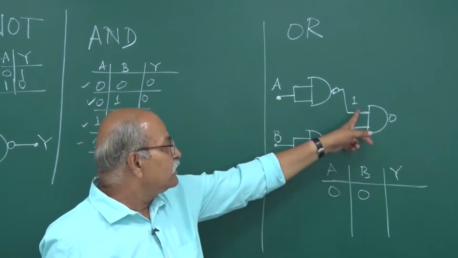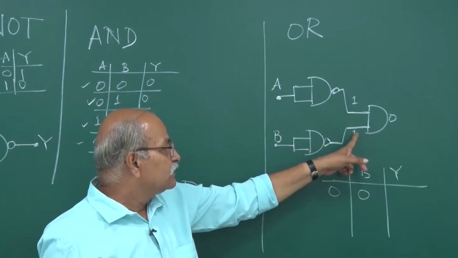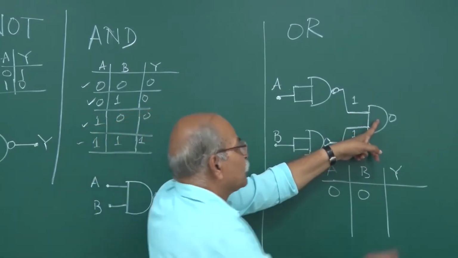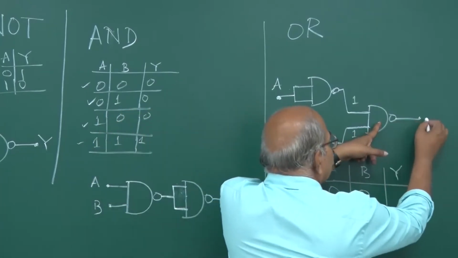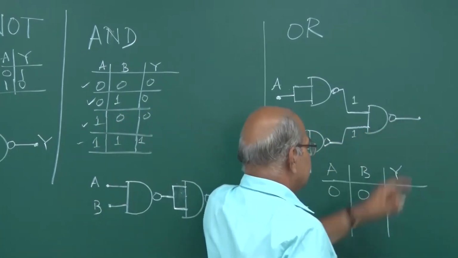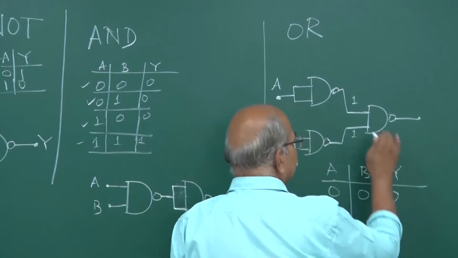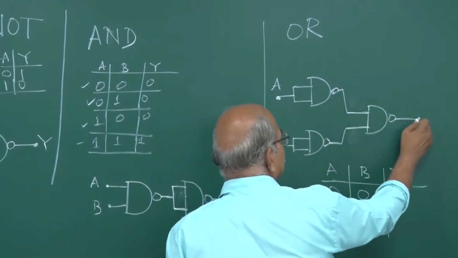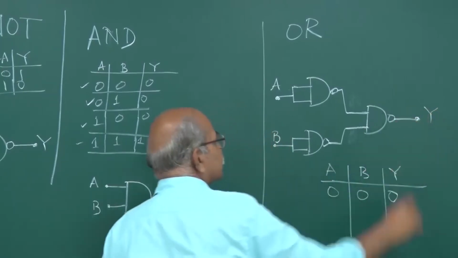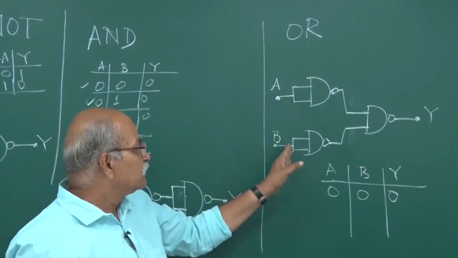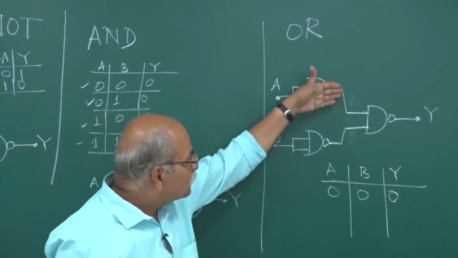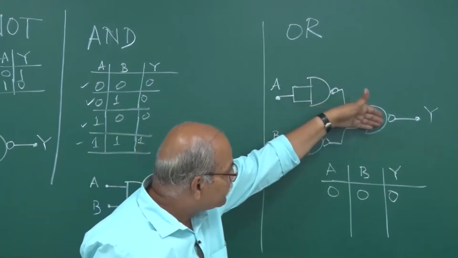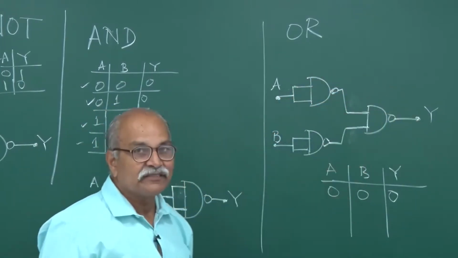So 1 here and 1 here. This will give me 1, and not of that will give me 0. So this will become 0. Okay? This is our Y. Final Y is here. So 0 here, 0 here, and then I saw that it is 1 here, and then it becomes 0 here.